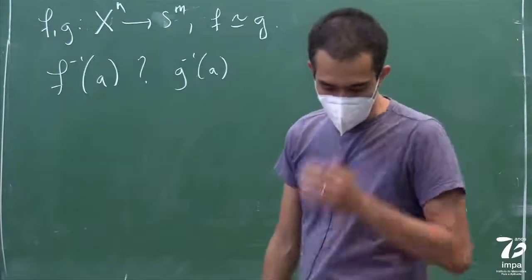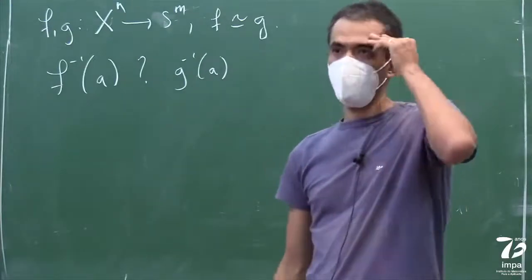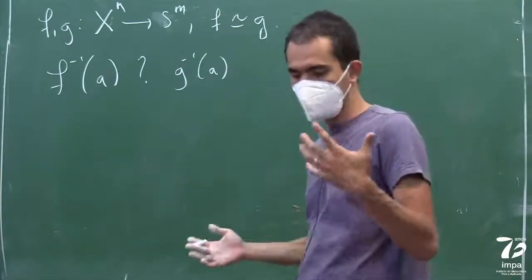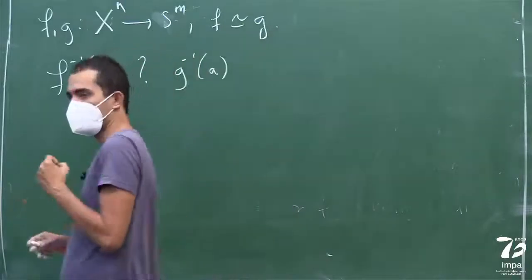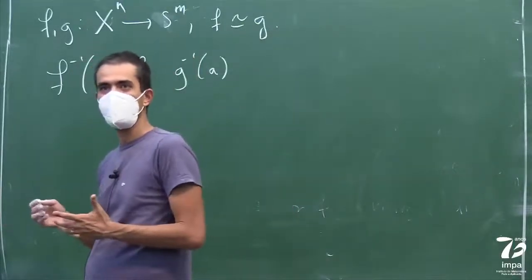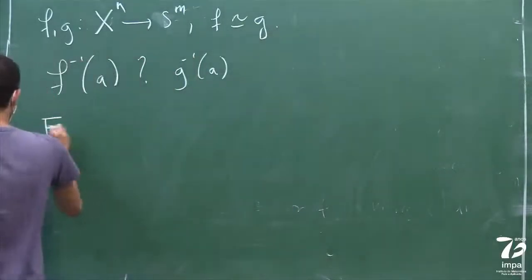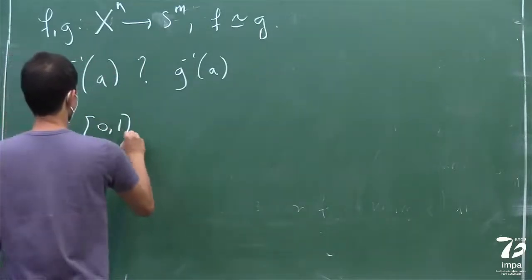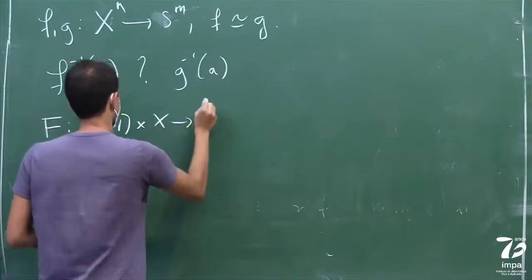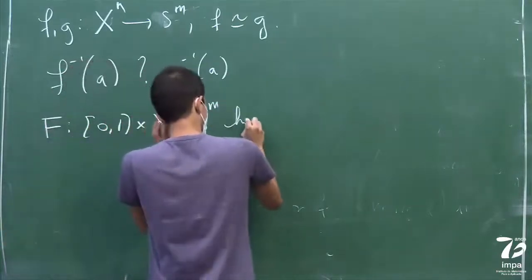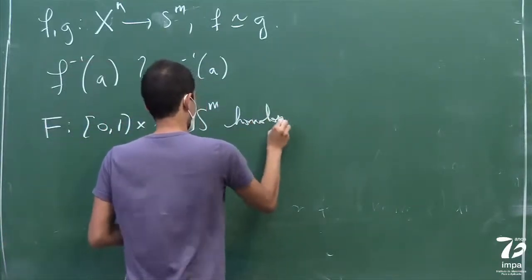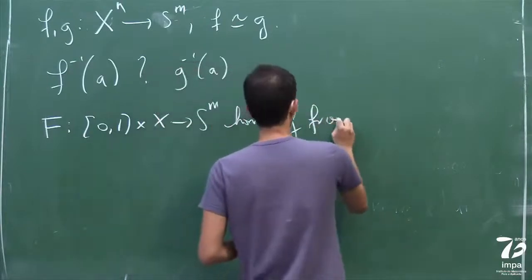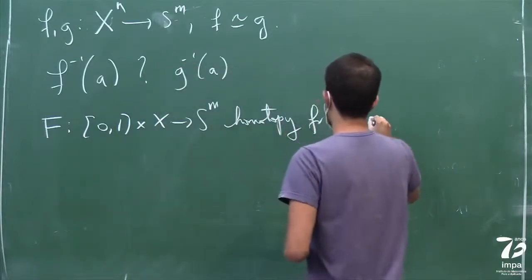Well, instead of defining it, I actually want to construct it with you. It's not so hard to come up with what it needs to be. So, basically, let's choose the homotopy. So let's say F is a homotopy from f to g.